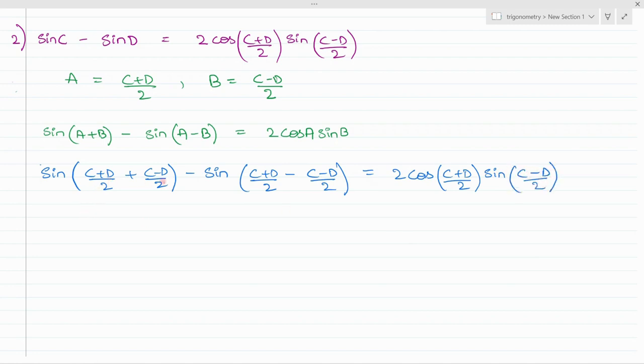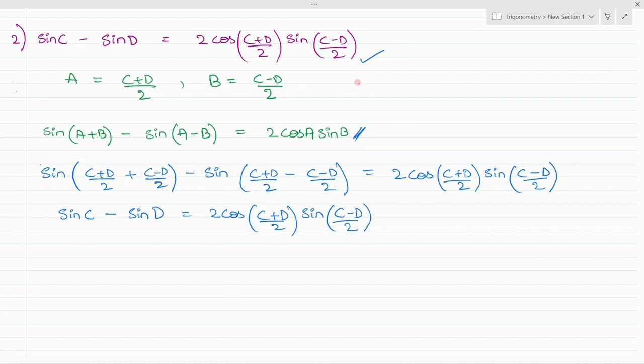This we can write as 2C by 2, which is nothing but C, sin C minus sin 2D by 2, which is D. So sin C minus sin D is 2 cos (C plus D)/2 and sin (C minus D)/2. So from this formula, we have derived this one.